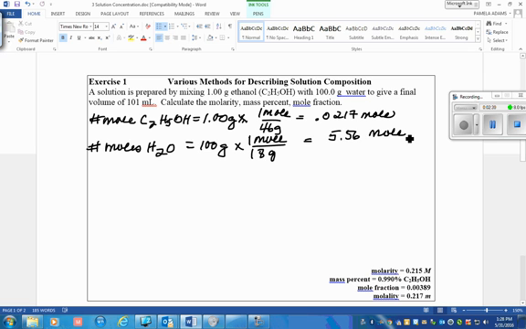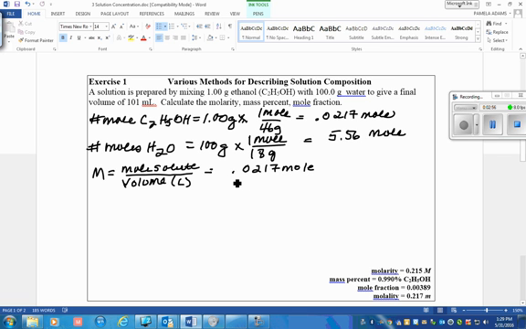So I think we are ready to go with our first calculation, and that would be molarity. Molarity is the moles of the solute, in this case the ethanol, divided by the volume in liters of solution. So the moles of the solute we have just calculated is 0.0217 moles.